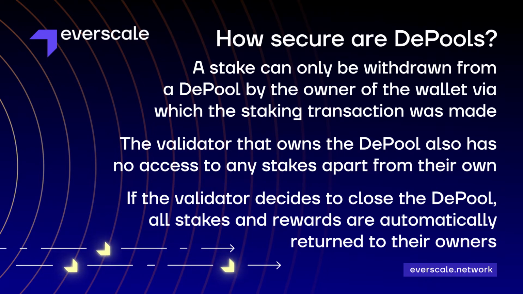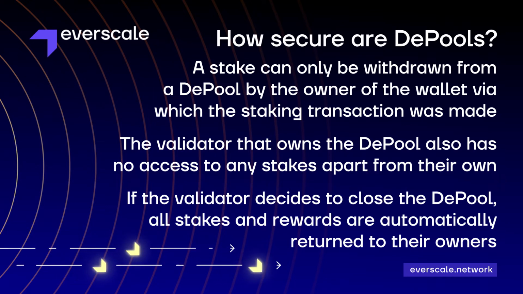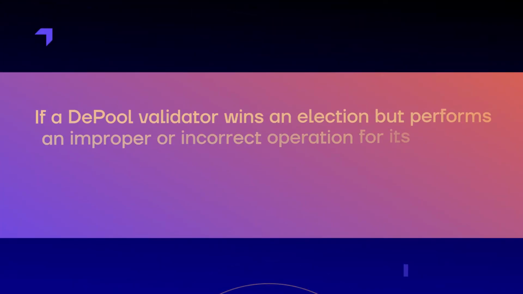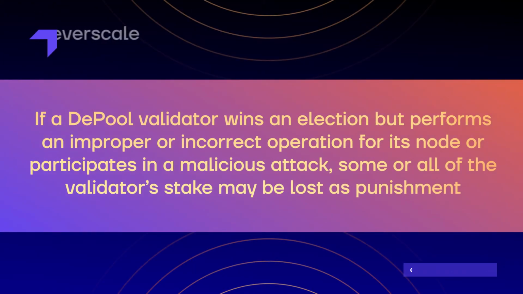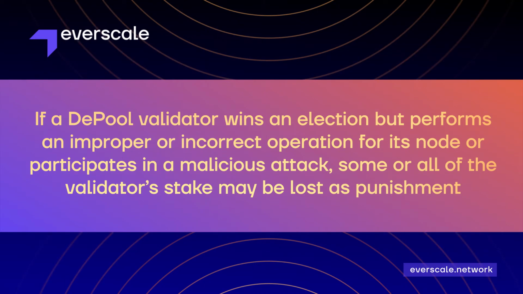A stake can therefore only be withdrawn from a DePool by the owner of the wallet that it was placed from. If a DePool validator wins an election but performs an improper operation for its node or participates in a malicious attack, some or all of the validator's stake may be lost as punishment.